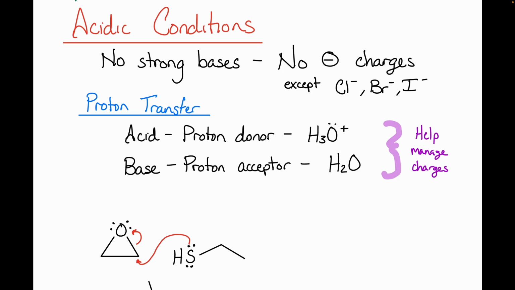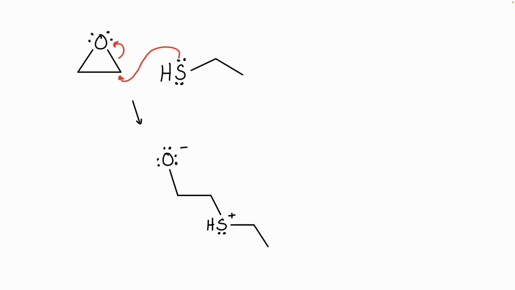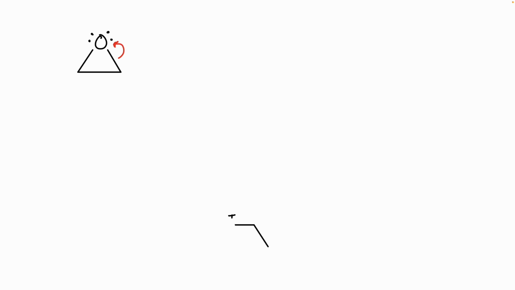So if you do a step in your mechanism and you're like, oh crap, I'm not allowed to do that, that creates a strong base, the answer is go back and do a proton transfer step first. So this isn't going to be our first step. Instead, we're going to protonate that oxygen.